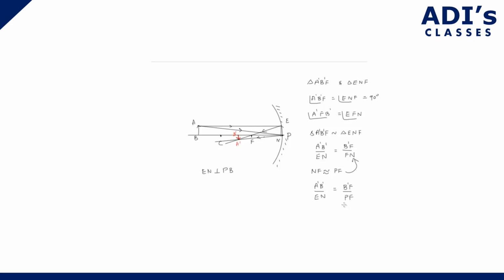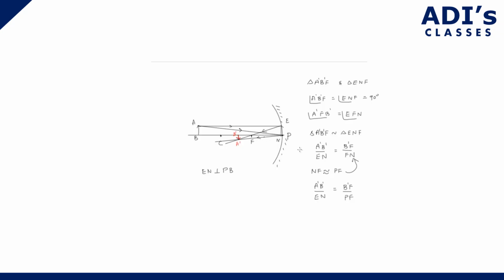Alright, so we have this as one of the equations. Now remember the sign conventions and all the rules you have to follow. Every distance has to be measured from the pole, correct? So B'F can also be written as PB' minus PF.